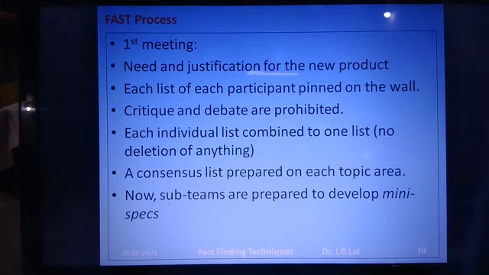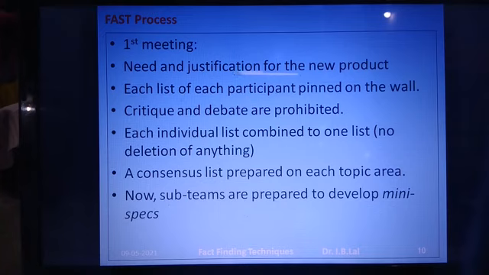In this list, normally no deletions of anything are made. And finally, a consensus list is prepared on each topic area, because the objective is to develop a consensus list on each topic, whether it is objects, services, constraints, or performance.